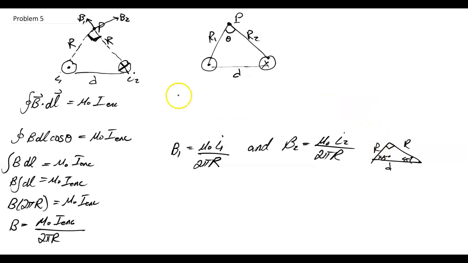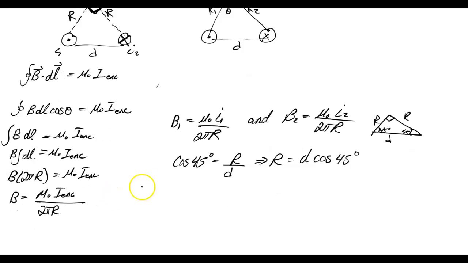And so now if we know the distance d, and we know the angle between them, we can find what r is, and we can say that cosine of 45 degrees is going to be r over d, which means that r is the same as d cosine 45 degrees.